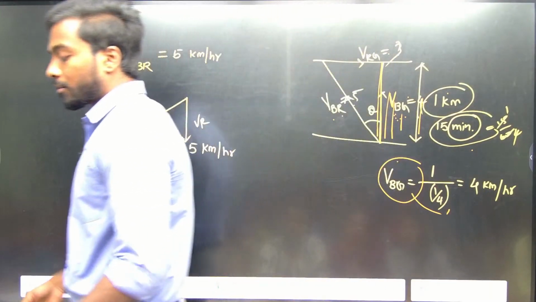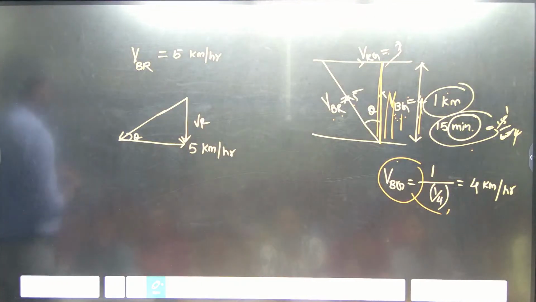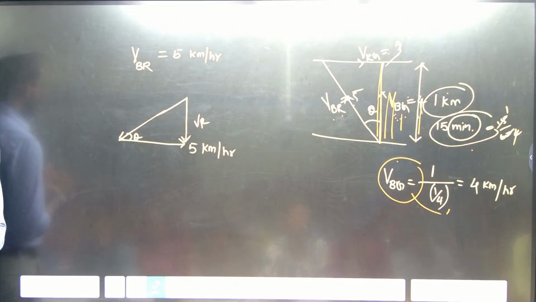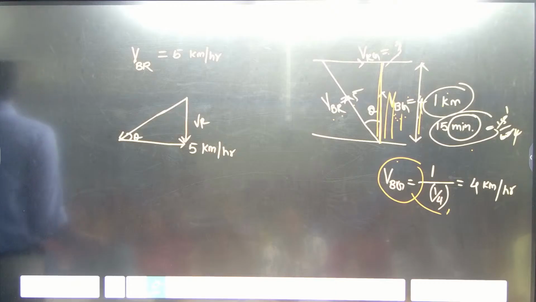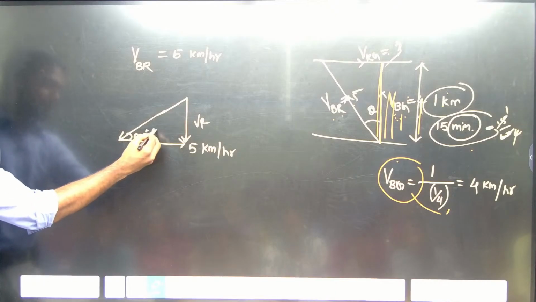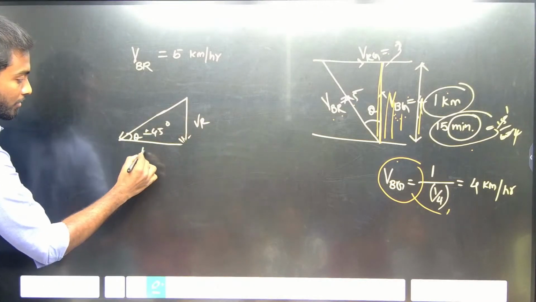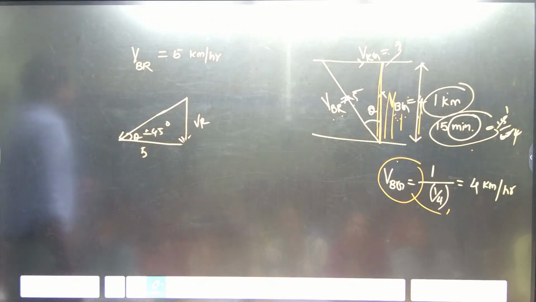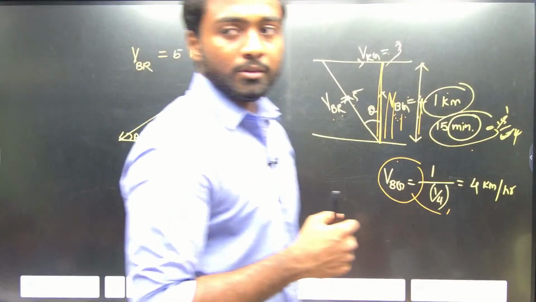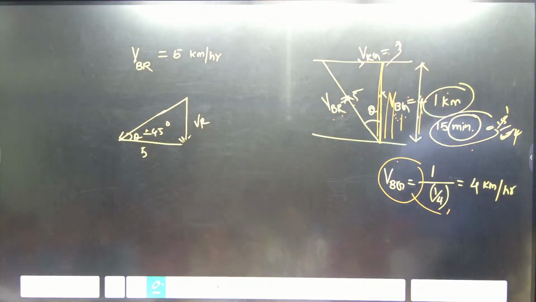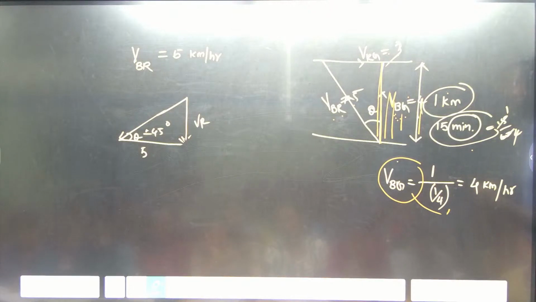So how to find the angle? Theta, 45, they have given. This one I know. Opposite by adjacent. Why Pythagoras theorem and all?